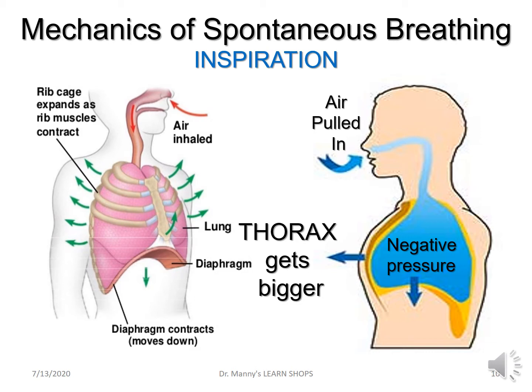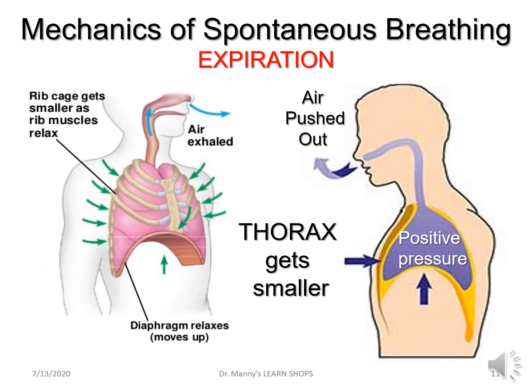And because it gets bigger, within a closed system, which is what the airways are, it creates a negative pressure. And because it creates a negative pressure, air is pulled into the airways, into the lungs, without you even thinking about it. This is all under the control of the respiratory center in the medulla oblongata.